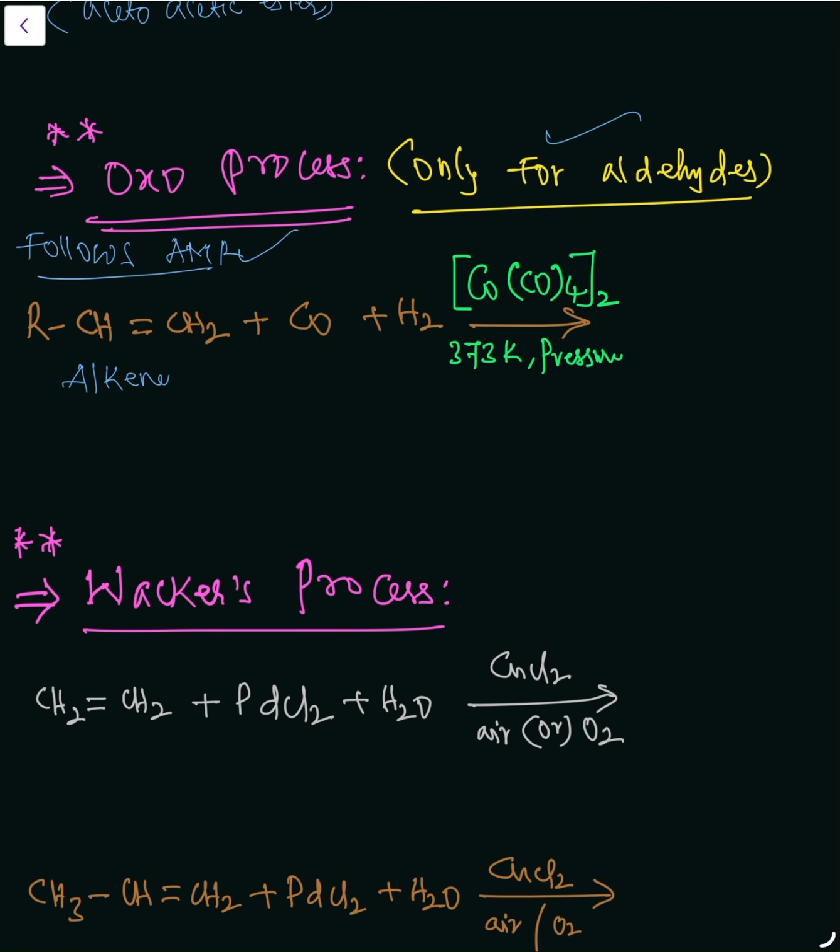So in this, alkenes react with carbon monoxide and hydrogen in the presence of tetracarbonyl cobalt at 373 Kelvin and at pressure, the compound formed is R CH2 CH2, and addition of this CO takes place like this, and aldehydes, that is a carbonyl compound, are formed. This is an aldehyde.